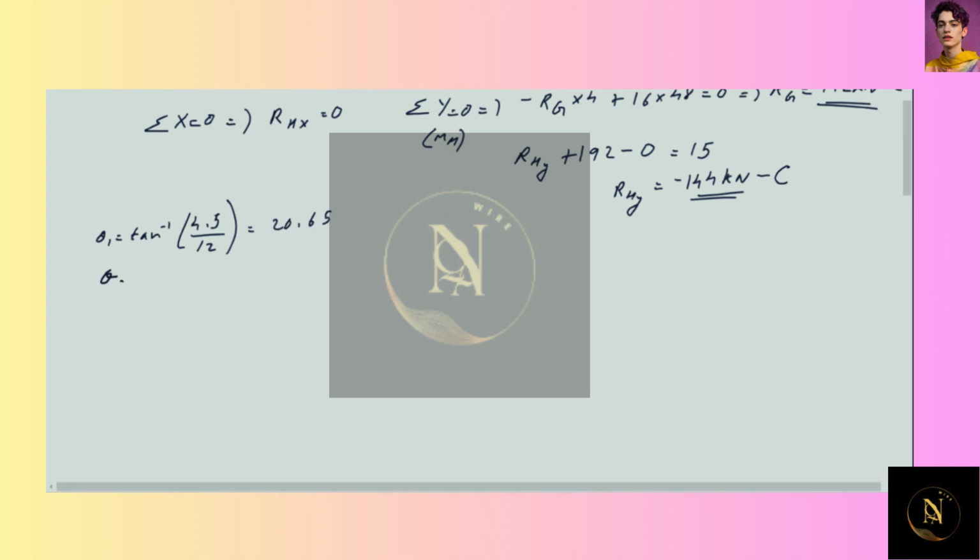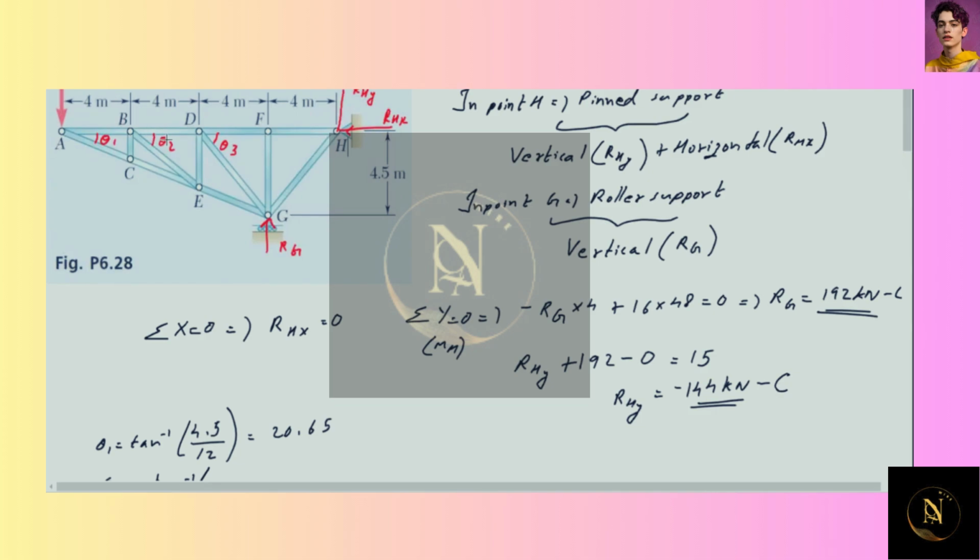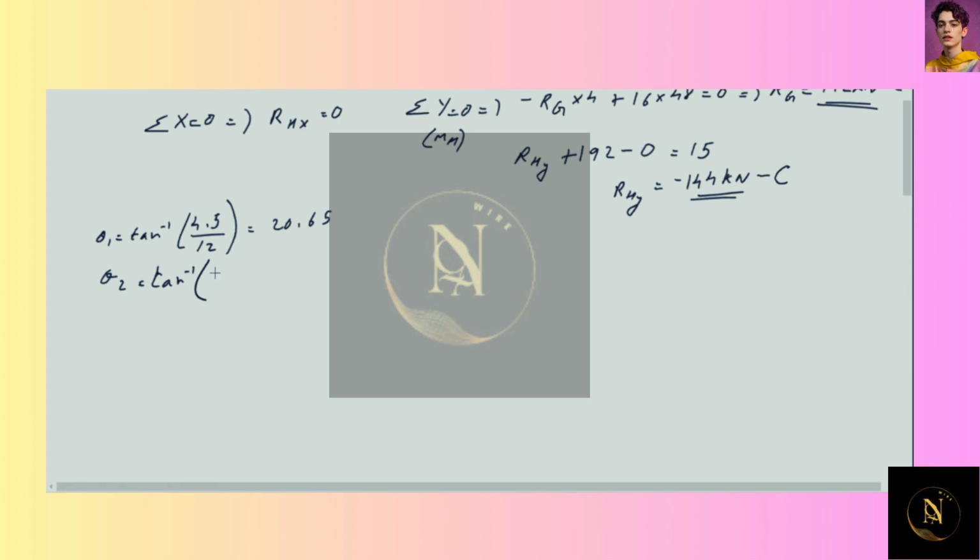Theta 2 will be equal to tan inverse of 4.5 divided by 4 plus 4, 8, so that gives us 3 by 4, so that is 36.87 degree.